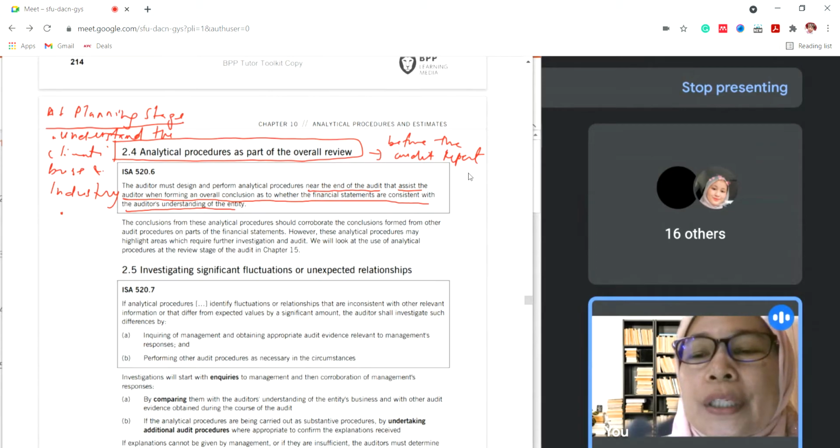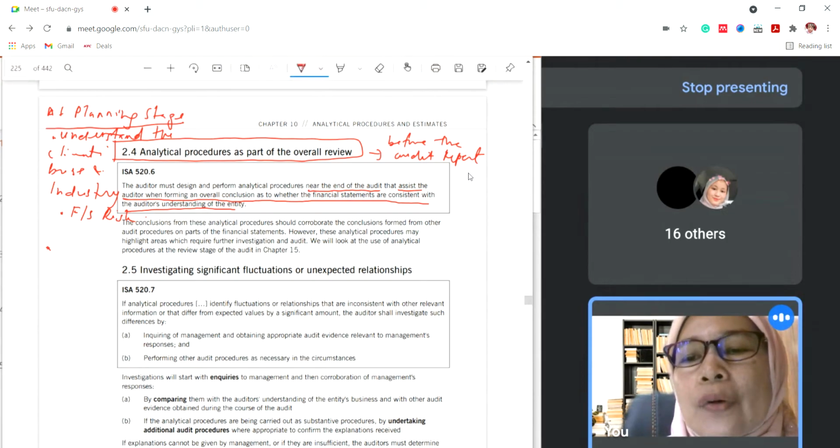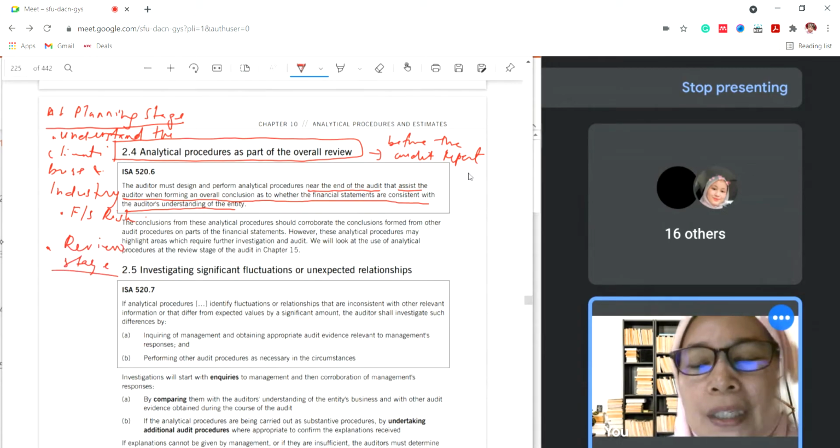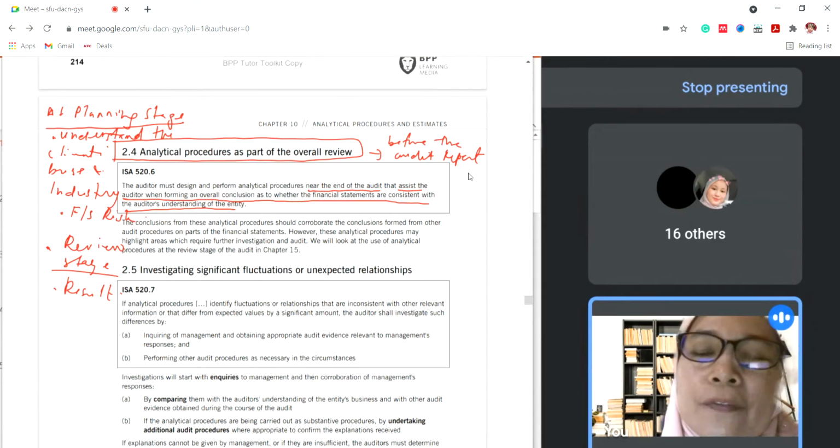So you already determine the financial statement risk or risk of material misstatement. When you perform the test, at the review stage, you already know the result of the company, because you already performed the substantive tests.